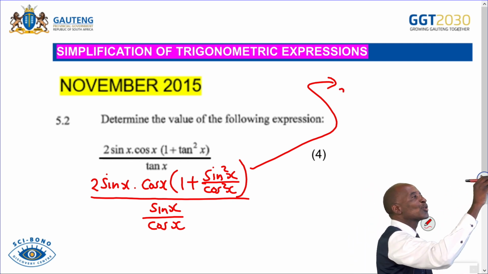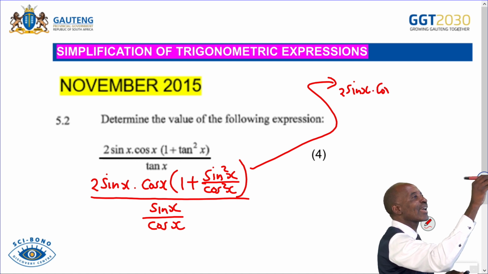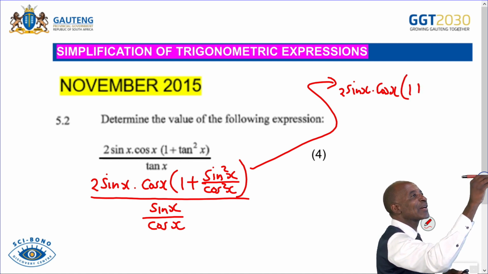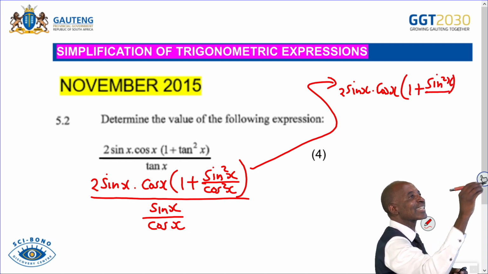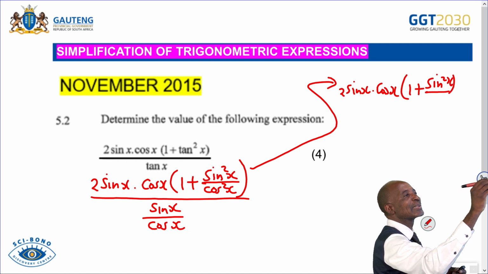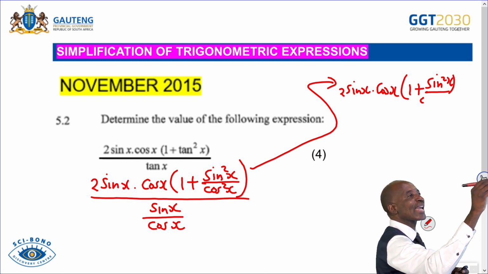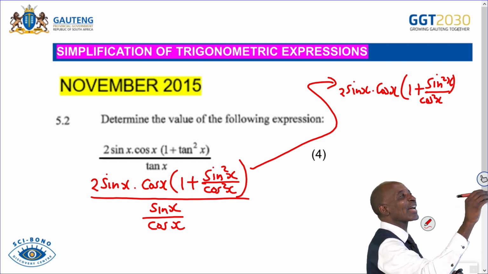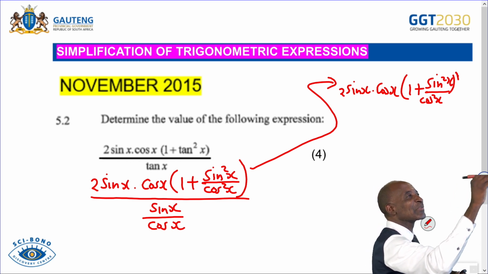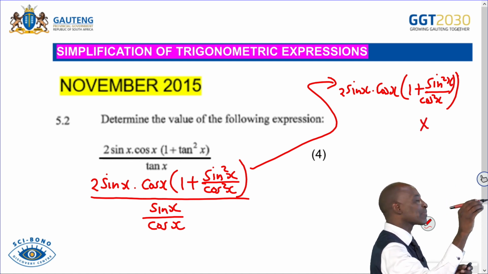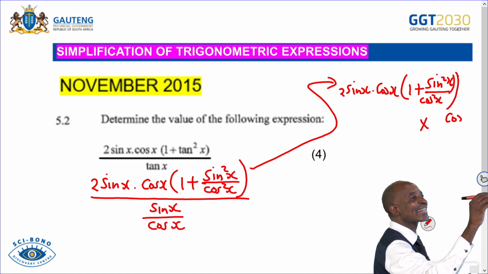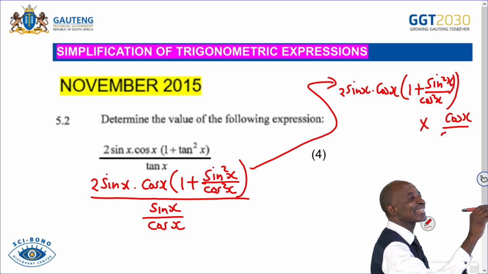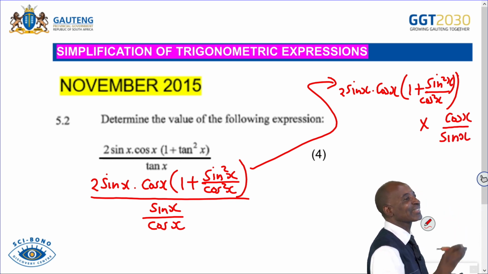We are going to have 2 sine x times cos x into 1 plus sine squared x divided by cos squared x, multiplied by, let me put a bracket there, cos x divided by sine x.